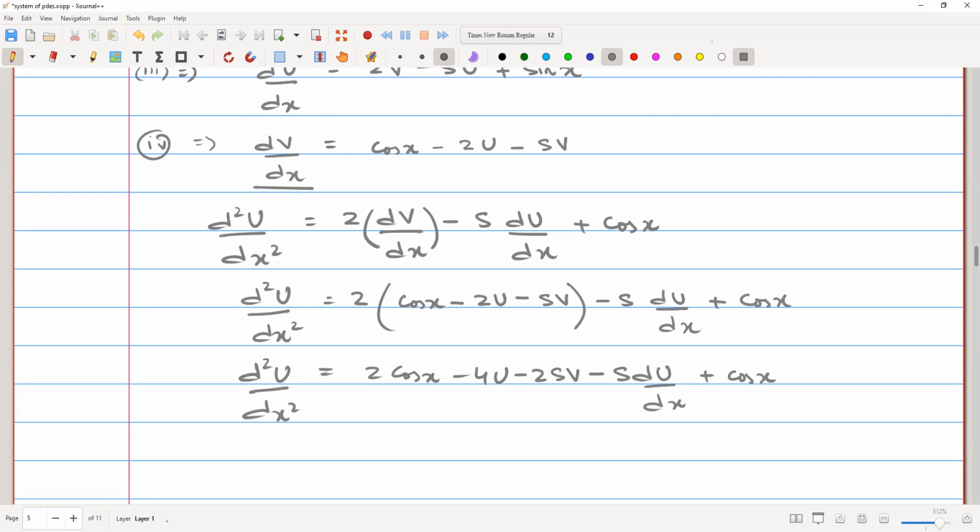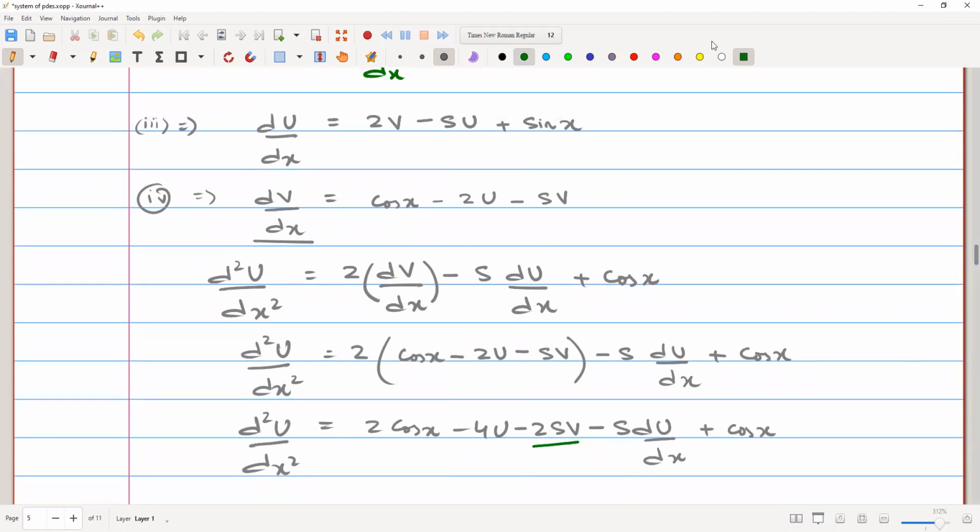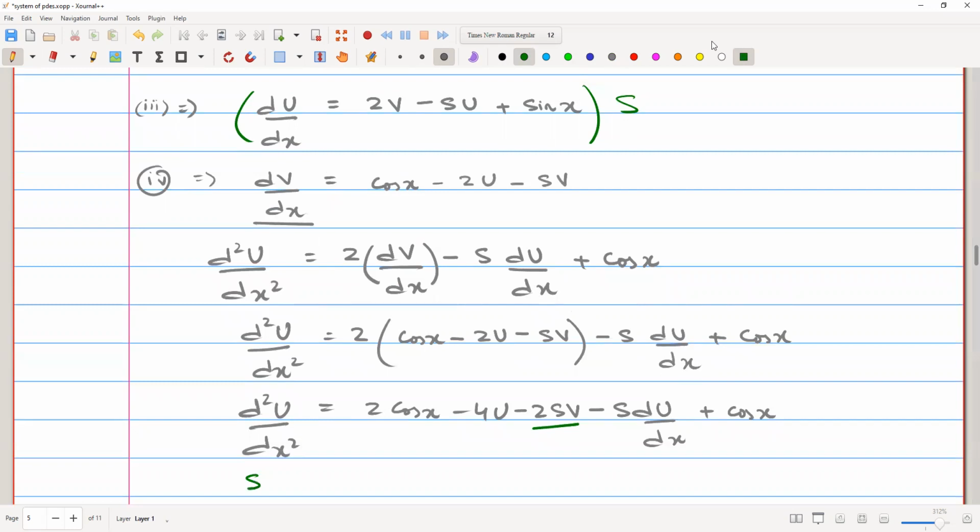Now in this equation only this term is making trouble for us, so we want to eliminate it. How we can do that is to multiply equation 3 by s and add it to this equation. So what we will get is s dū/dx = 2s v̄ - s²ū + s sin x.